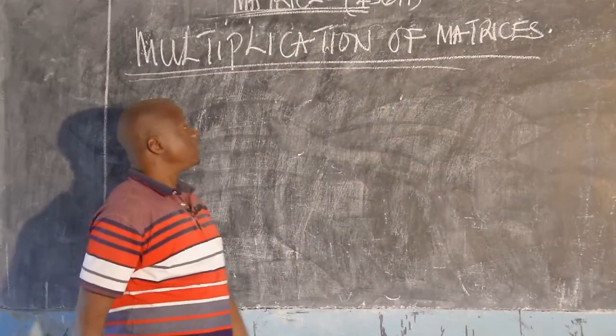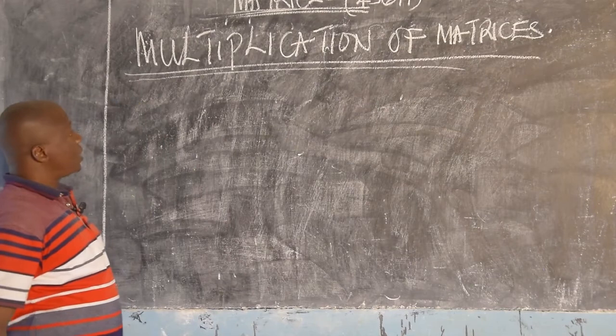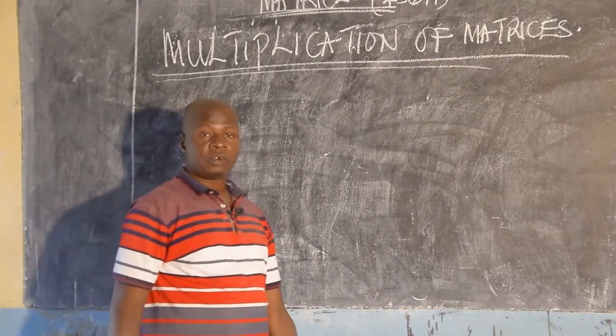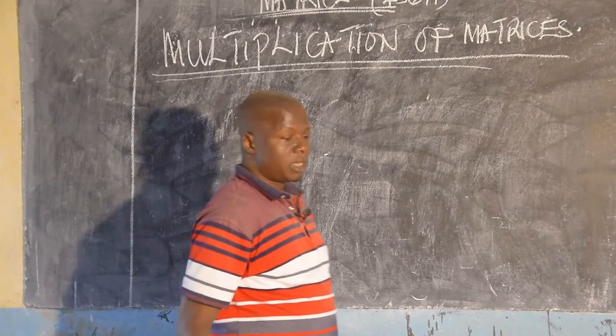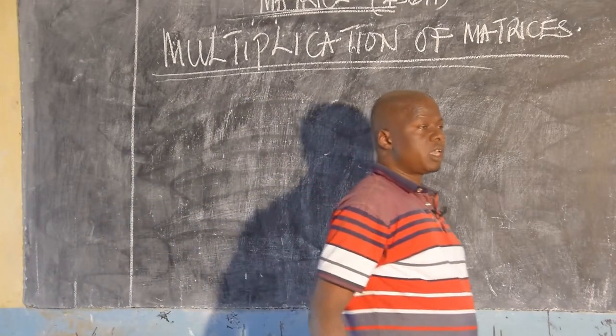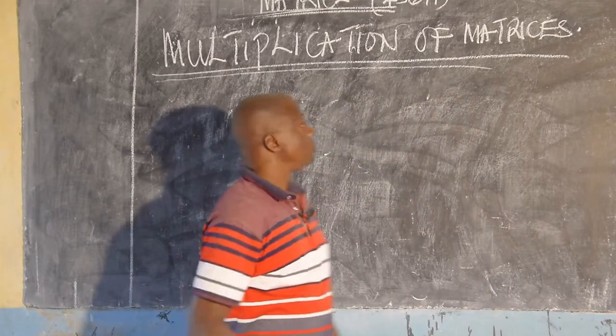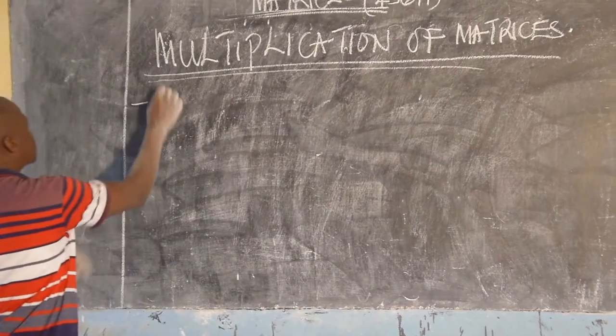So here, we are going to look at multiplication of matrices. For this case, we always multiply a row by column.